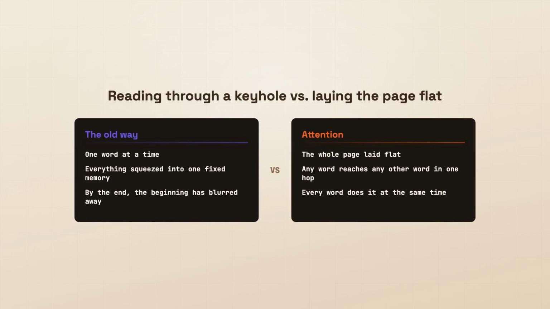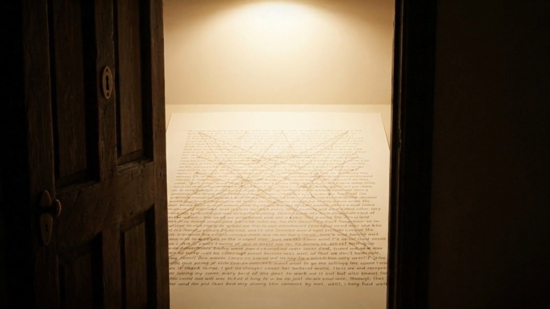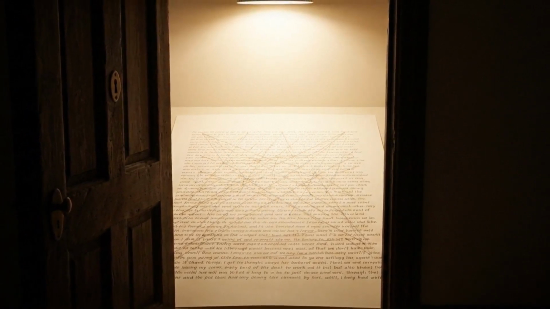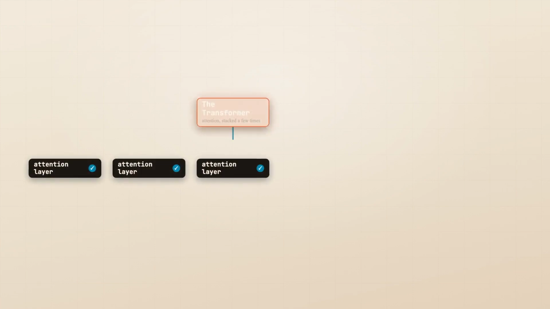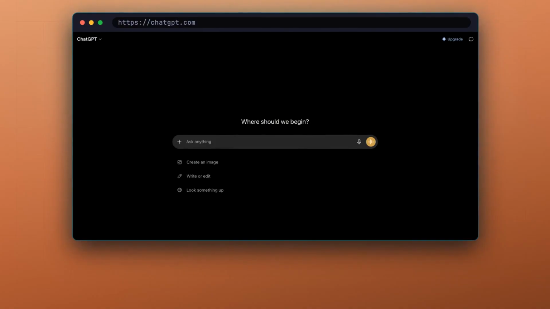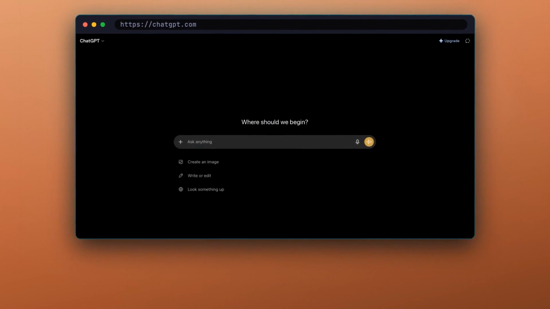Any word can reach any other word in a single hop, no matter how far apart they are, and every word does it simultaneously, not one at a time. Long-distance meaning kept, speed unlocked. And when you stack this one trick a few times on top of itself, you get the transformer, the engine sitting inside ChatGPT, Claude, and basically every AI you've heard of.